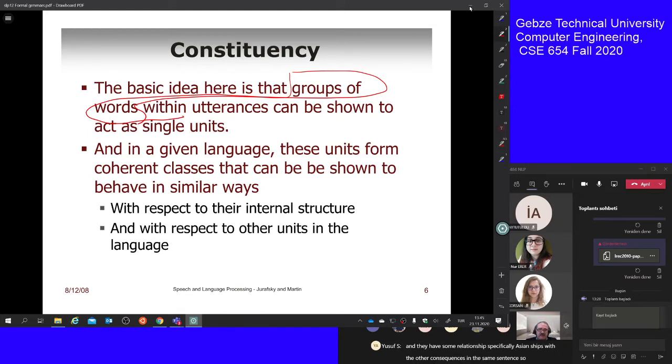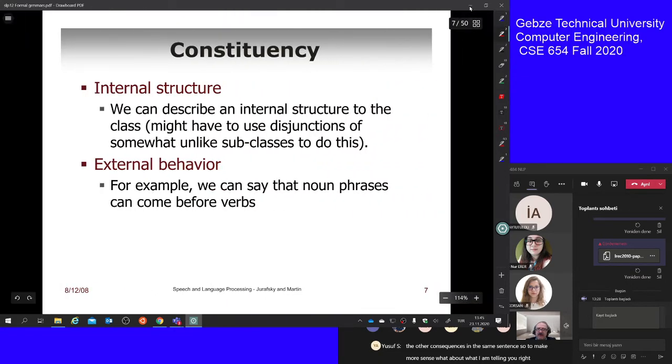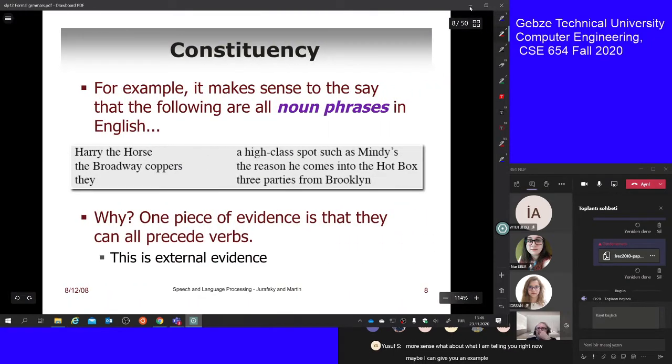So to make more sense of what I am telling you right now, maybe I can give you an example. For example, this word horse is a single word in English, but when you say Harry the horse, or the Broadway coppers, or they, or a high-class spot such as Mindy's, or three parties from Brooklyn, we call them noun phrases in English.